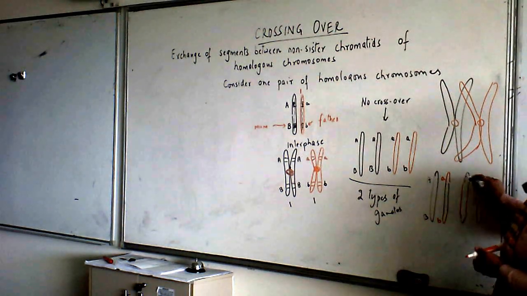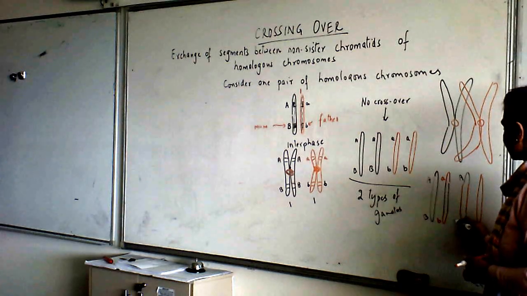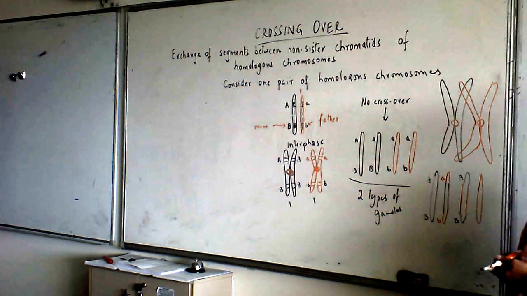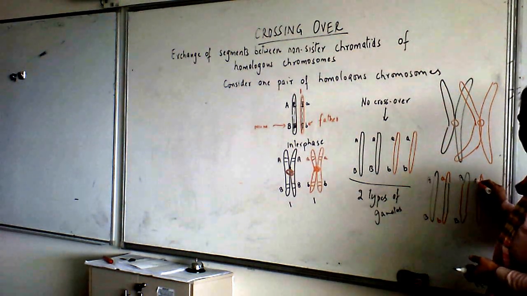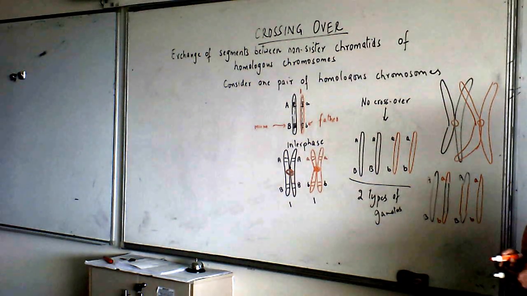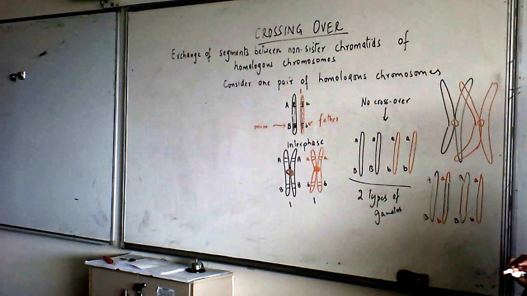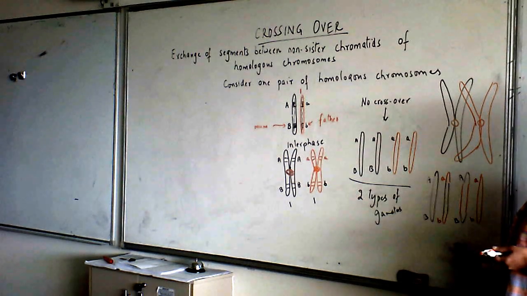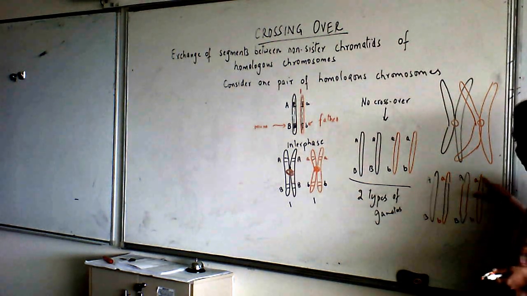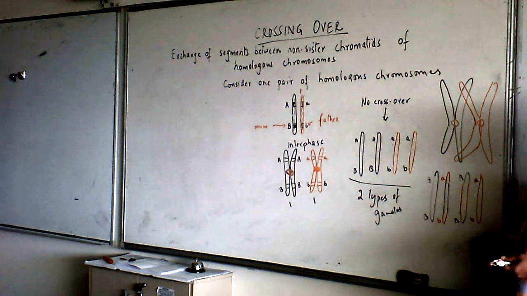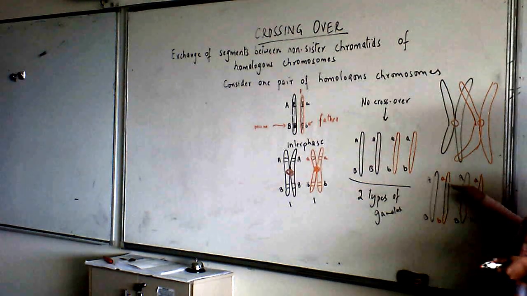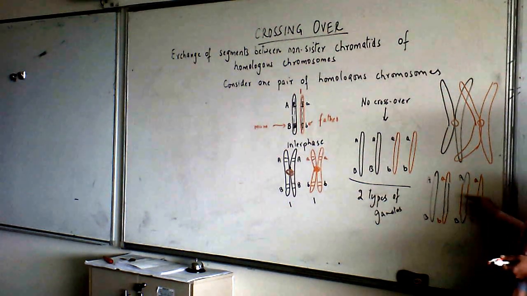This one gets capital A and capital B, and this one gets a small a and small b. And how many types is that? 4 different types, because even though they both have small a, small b, everything in the middle is different. This one's from the mom, this one's from the dad.